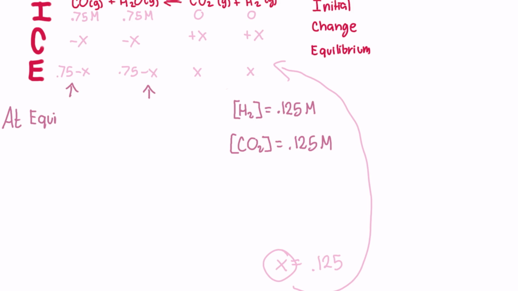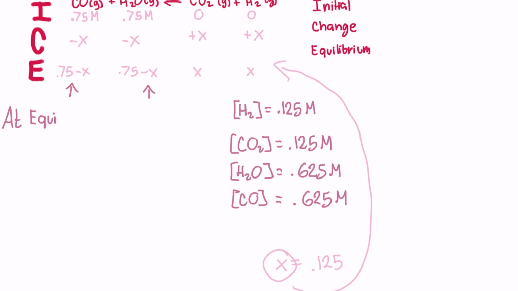So 0.75 minus 0.125. The concentration of H2O is 0.625 molar, and the same thing for CO. So just like this, we have solved the problem, and we used an ice table for it.